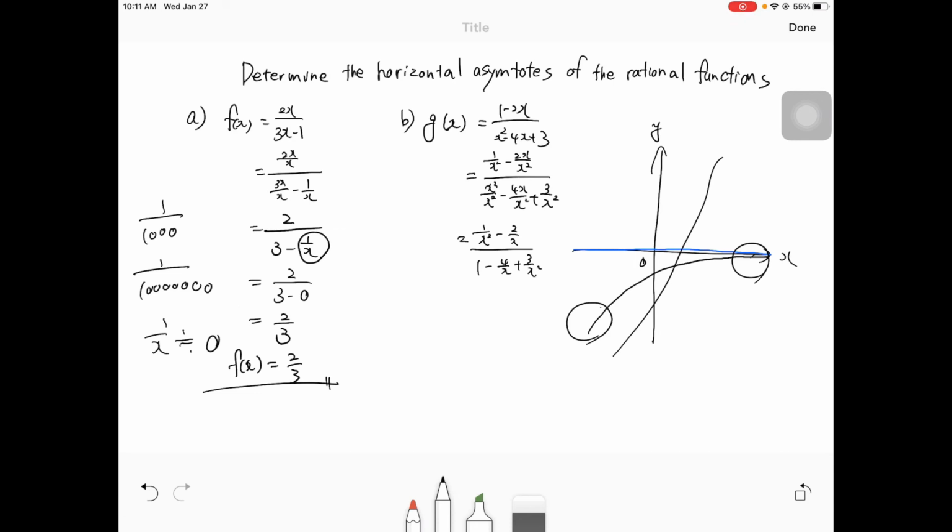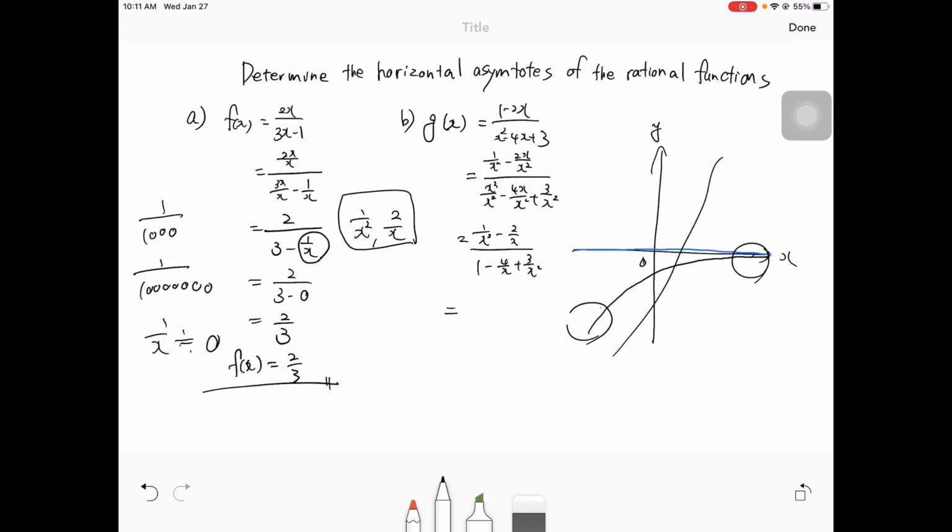Again, when x is really big or really negative, these values, for example 1 over x squared and 2 over x, are going to be really close to 0.